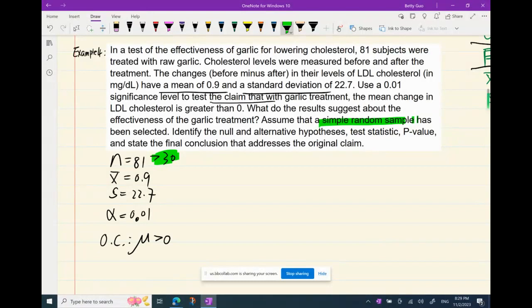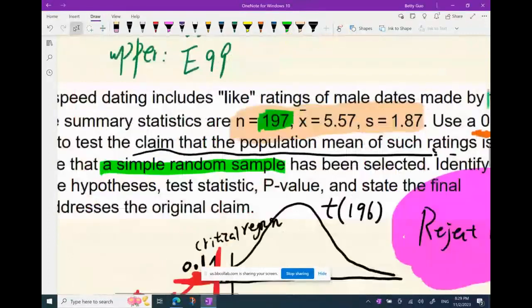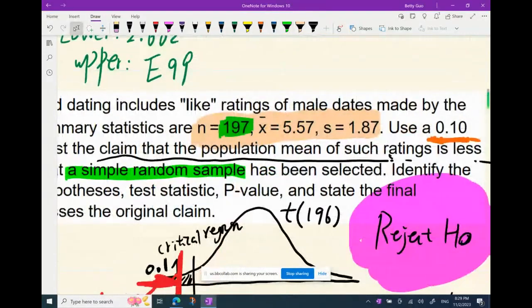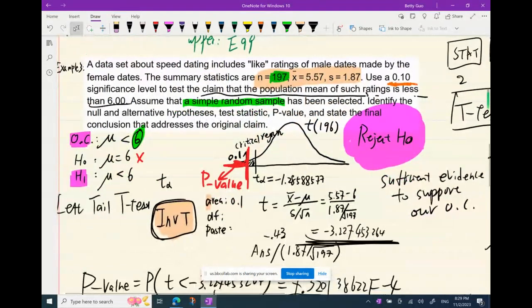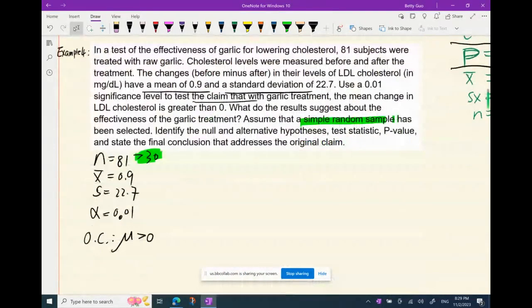In the previous question, the entries gave you n, x bar, s, so you didn't have to make much effort. But in this question, you really have to read and take notes to identify the sample information: n, x bar, s, right?